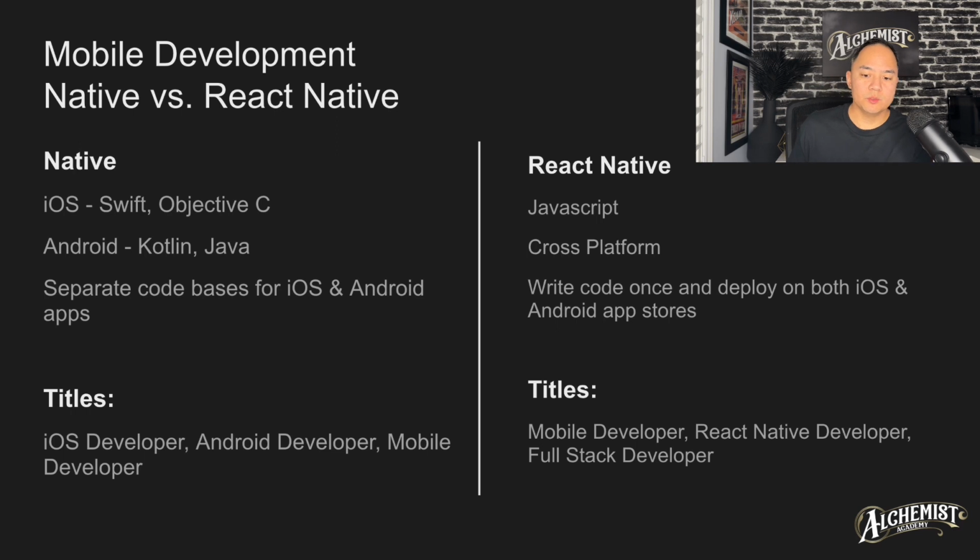As opposed to React Native, which is based on JavaScript, it is a cross-platform app developer. So what you're doing cross-platform is you're writing the code once and you're deploying that application on both iOS and Android app stores. React Native has been around since 2015, so it's not necessarily new.